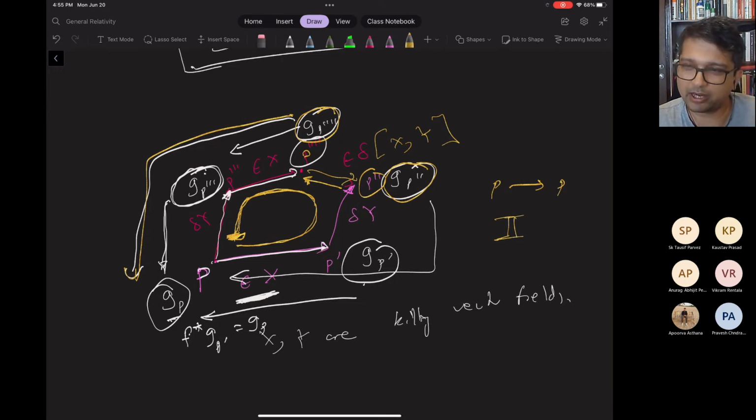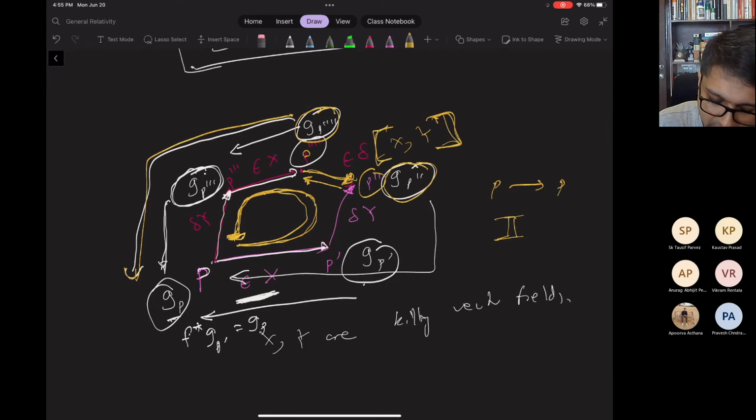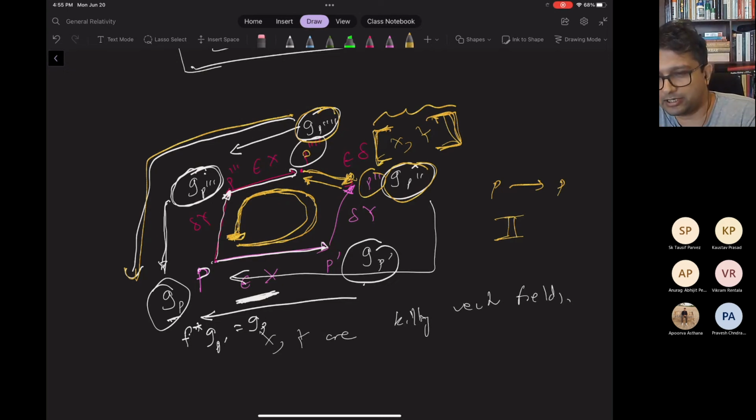The identity map is obviously an isometry. So this closed path map is an isometry, which means that this extra displacement, which I must cover from P quadruple prime to P double prime, must also be generated by an isometry. And this extra displacement is proportional to the Lie bracket of XY. Therefore the Lie bracket of XY must also generate an isometry.